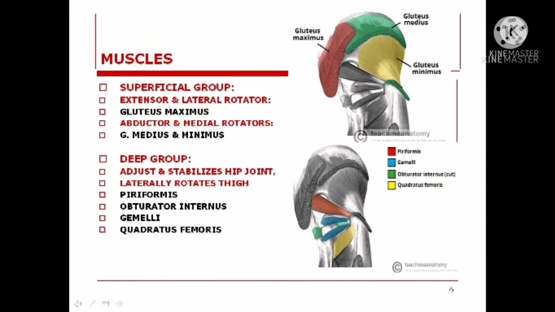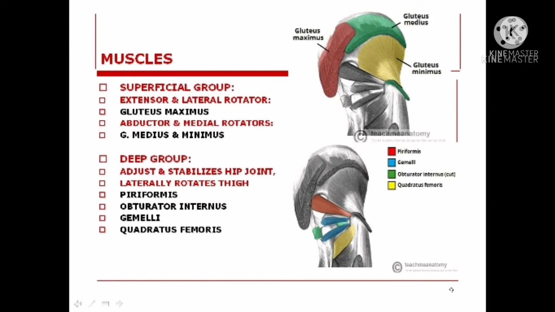The muscles of the gluteal region: the superficial and the deep group. The superficial group forms the entire mass, the bulge of the gluteal region.